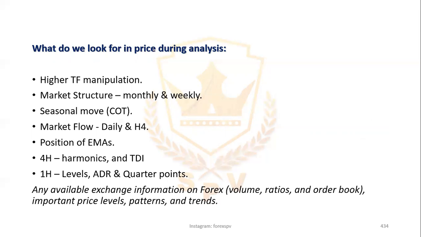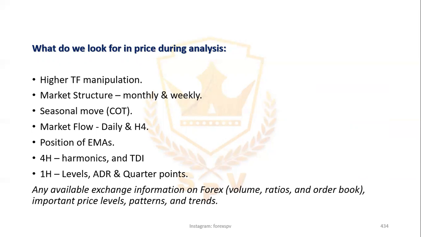Basically, on the monthly and the weekly time frame, we look for the market structure, and we also combine it with the COT. And on the daily and the hour 4 time frame, we look at the market flow.